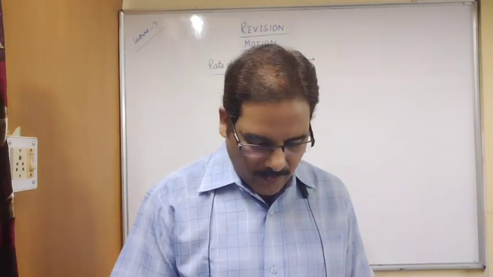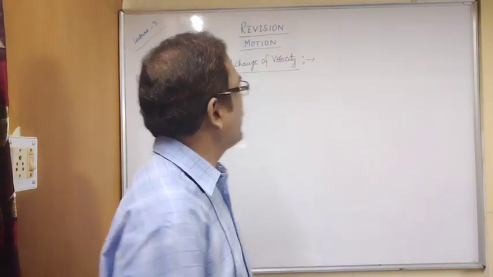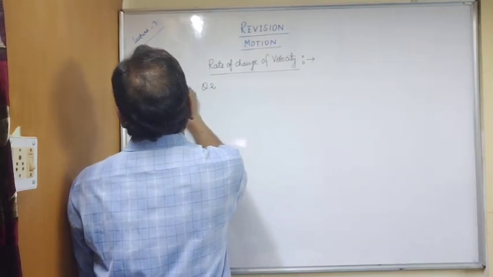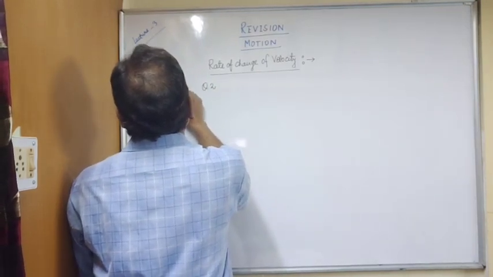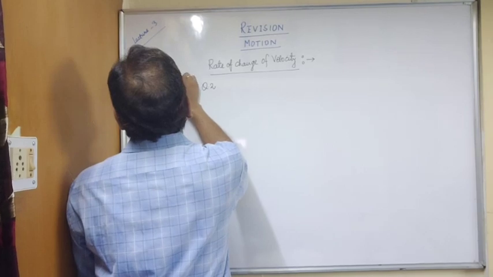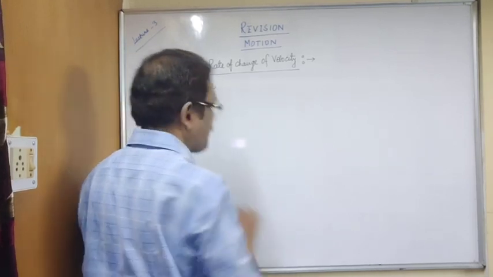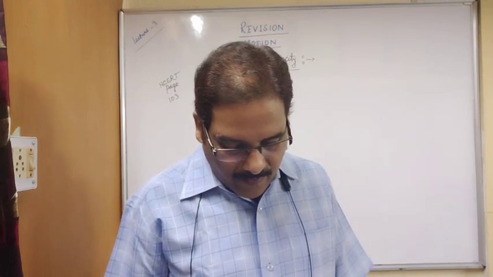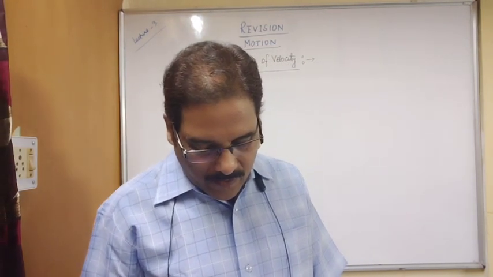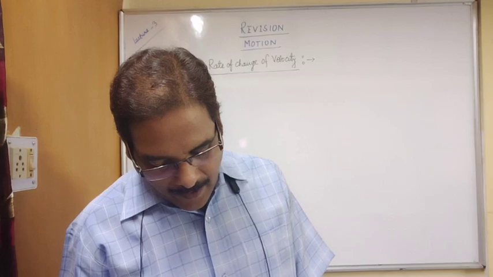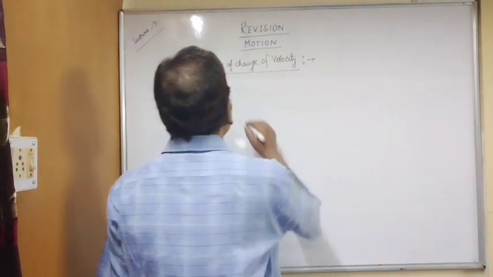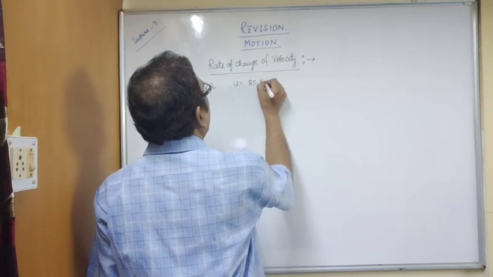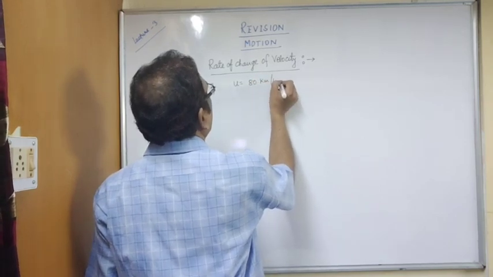And then question number 2 is a numerical, page 103. A bus decreases its speed from 80 km per hour to 60 km per hour in 5 seconds. So u is given 80 km per hour.